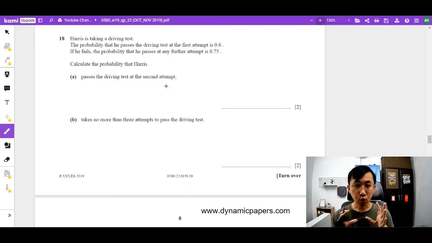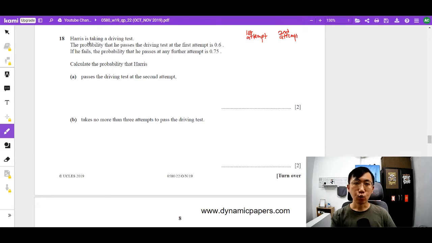Alright, you are going to read this probability question carefully because a lot of information is going on right now. So he can pass and he can fail the driving test. So I suggest you use a tree diagram. The best way to attempt a probability question is to draw a tree diagram. So first attempt, second attempt, let's do that right now.